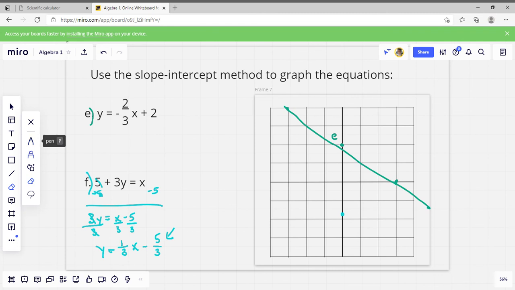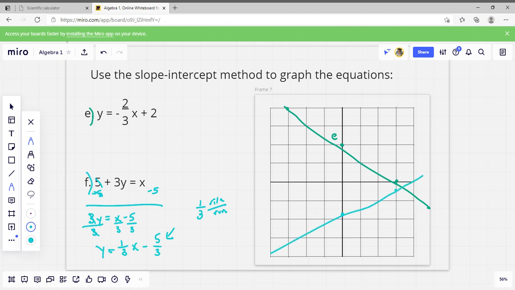Okay, and then my slope is 1/3, so that means I go up 1 and over 3. So up 1 would be about here, over 3 would be 1, 2, 3, about there. So there would be my line right there.